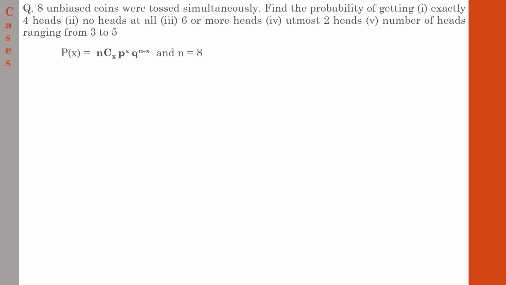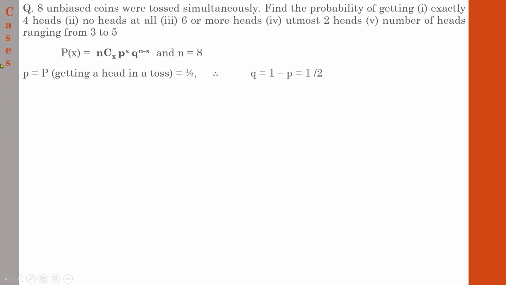Next, p. P is represented by the probability of success of an event, and in the question we are discussing the occurrence of heads: 4 heads, no heads, 6 or more heads, at most 2 heads. In almost all the questions they are discussing heads, and from the beginning of the last module we have been discussing the probability of a head from the coin tossing concept.